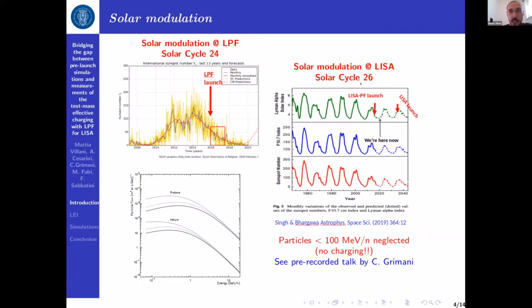LISA will fly in the ascending phase of solar cycle 26 with a similar solar modulation to LISA Pathfinder. In our simulation, we did not consider particles with energy below 100 MeV because they give no charging to the test masses. For more information on the SEP and the galactic cosmic rays, see the recorded talk by Category Mani.